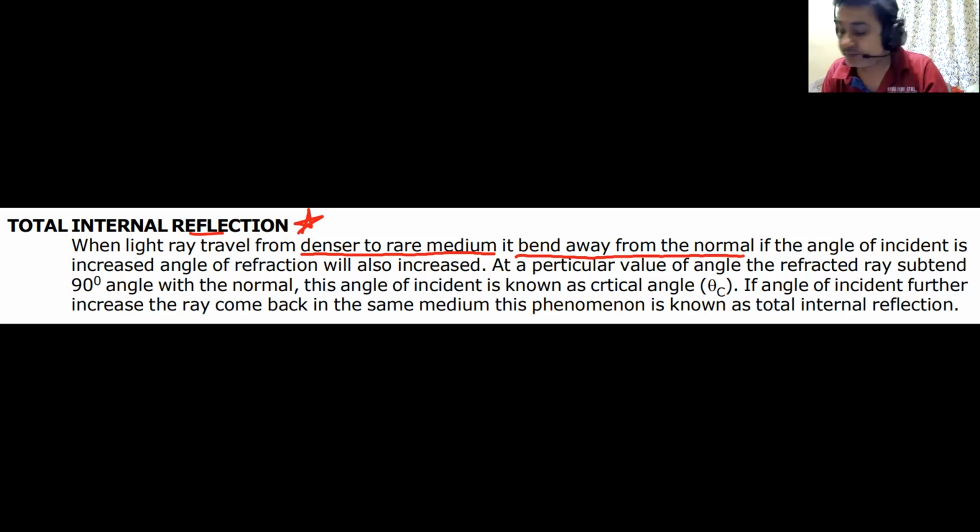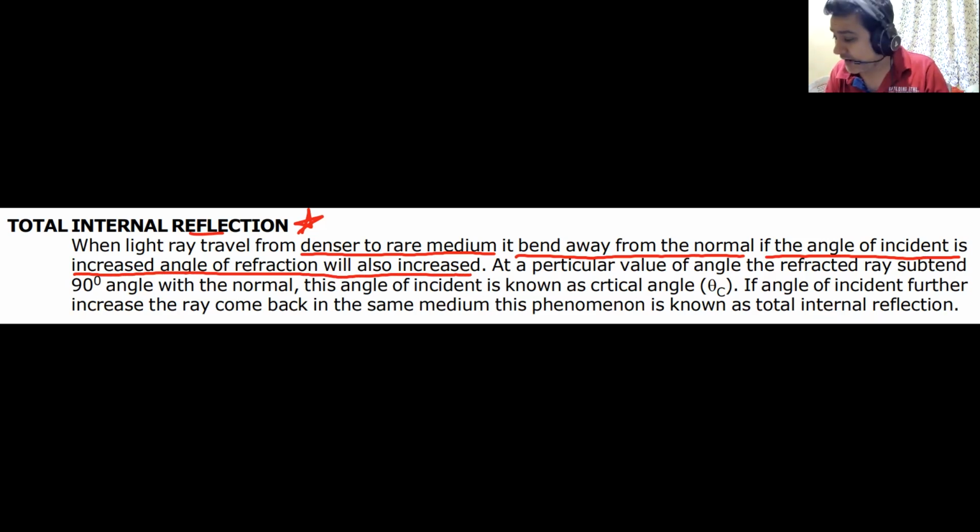Yes or no? Yes, sir. Now, if you keep on increasing the angle of incidence, the angle of refraction will also be increased. Yes or no? Yes, sir. Because sine I by sine R is a constant. If you increase the angle of incidence, the angle of refraction also increases.